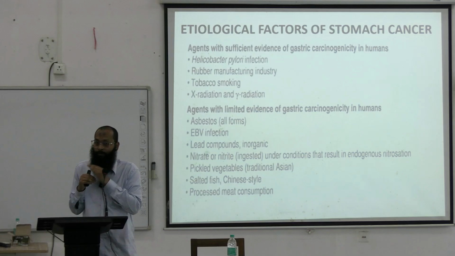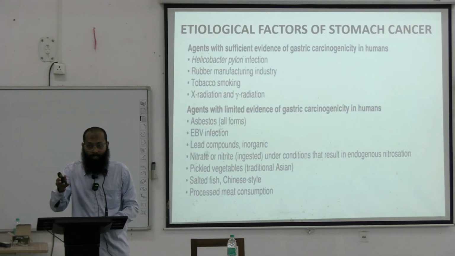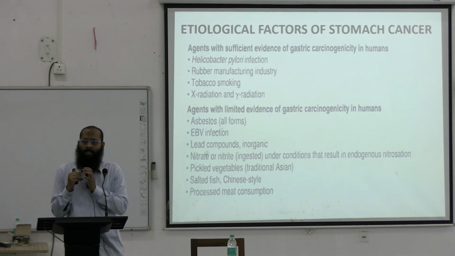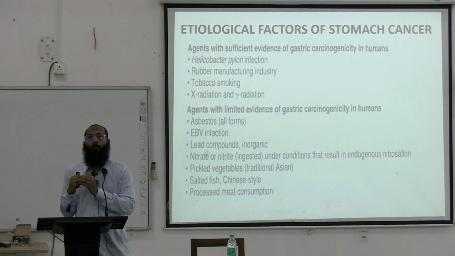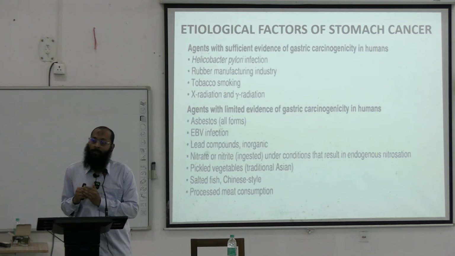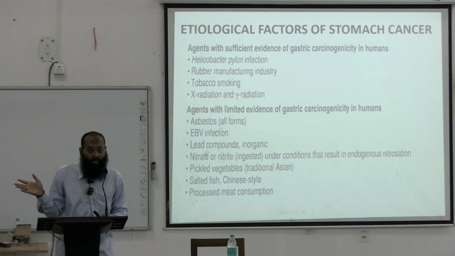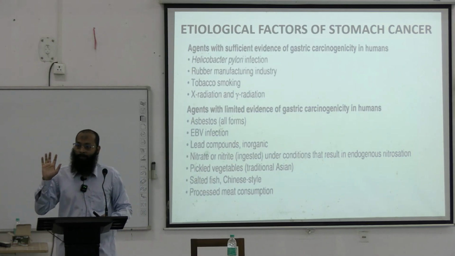For their protection, they secrete mucus and bicarbonate. So H. pylori clings to the surface epithelial cells and keeps itself close to them so that it doesn't come in direct contact with the acid. One defense mechanism is here.